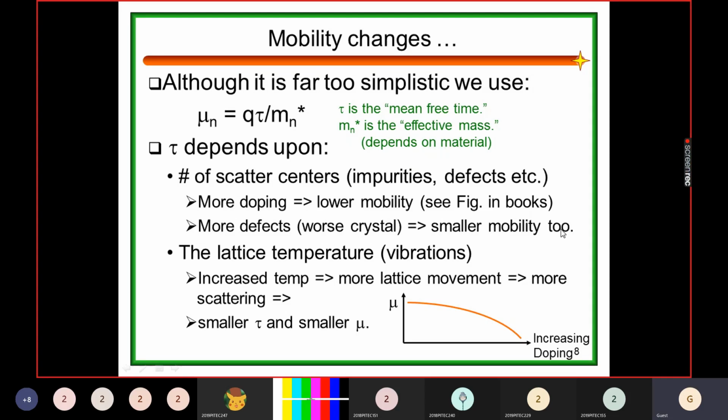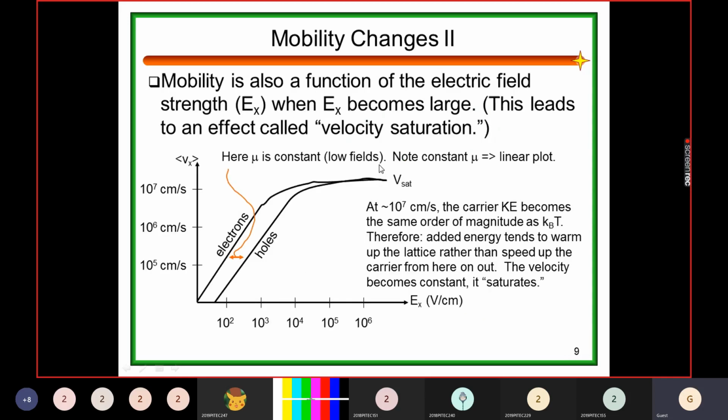That's why I have already told you, we have to overcome the defects that are present in this particular material. So tau is directly proportional to mu. Therefore, whenever tau is smaller, automatically mobility is also becoming smaller here. So this is how the mobility changes.